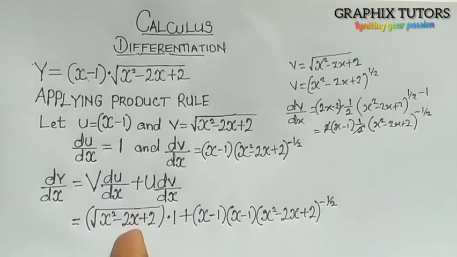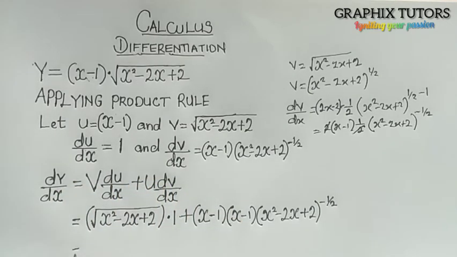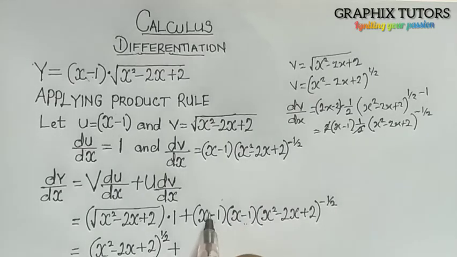Now another way of rewriting this, I've inputted all my values into this formula here. So another way of writing this will give us x squared minus 2x plus 2 all into bracket raised to the power of 1 over 2, because of this root sign here. If you multiply by 1, you have this back. So equal base, you add the power when they are multiplying each other.